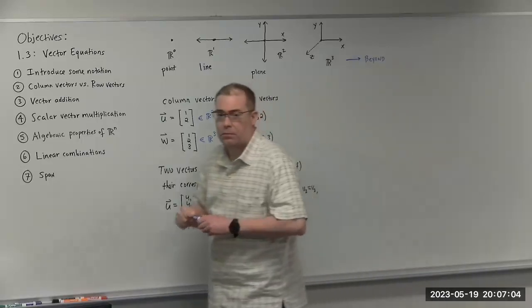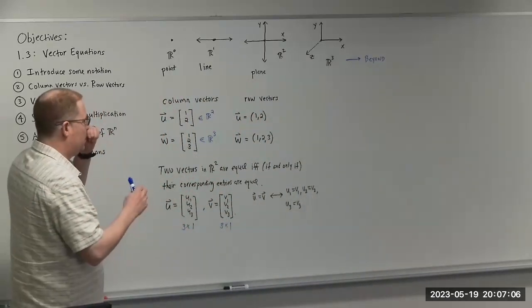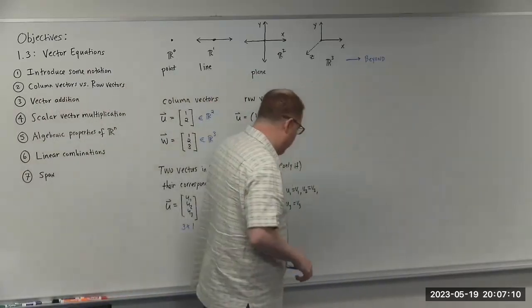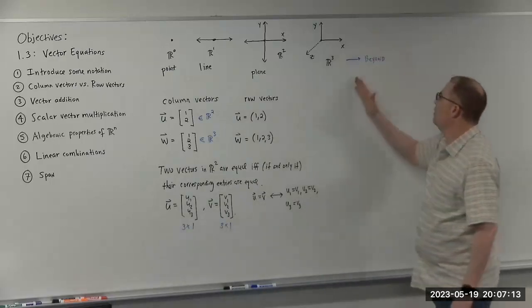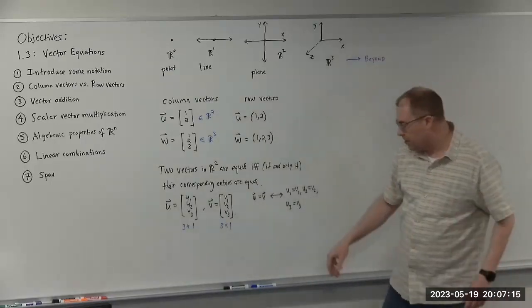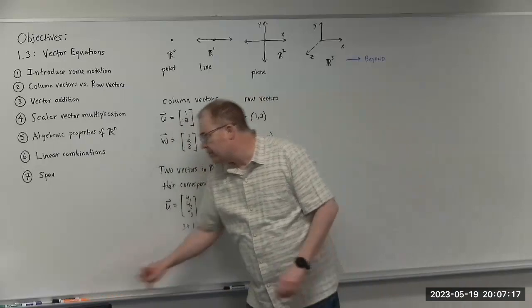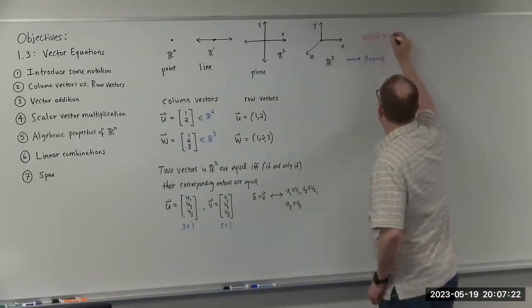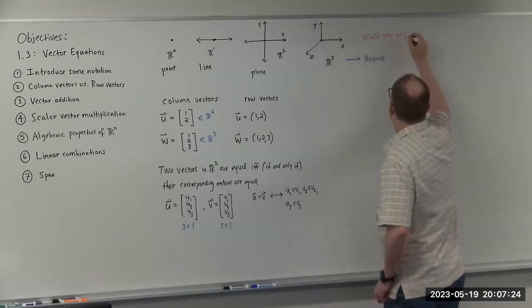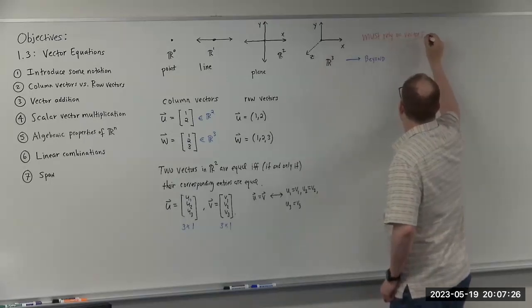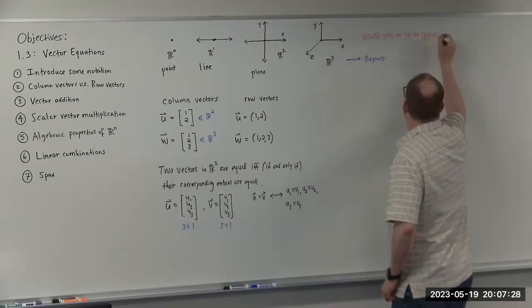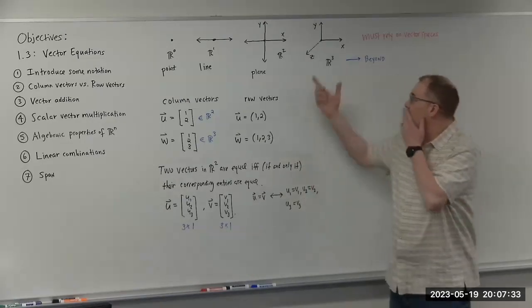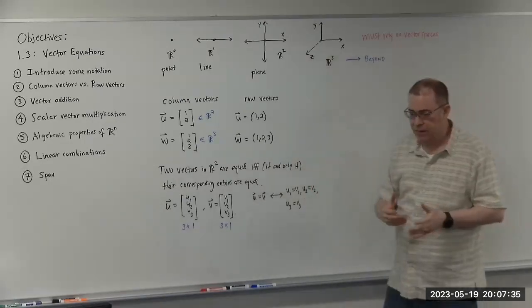If we're talking about spatial dimension, we can't visualize it. So anything beyond this point, we have to rely on what are called vector spaces, because we can't visually see what's going on past this point.